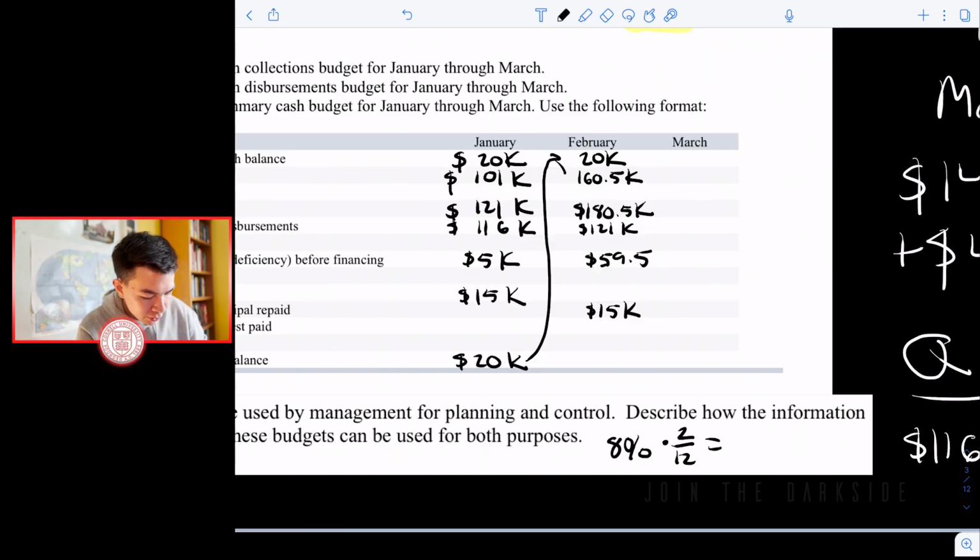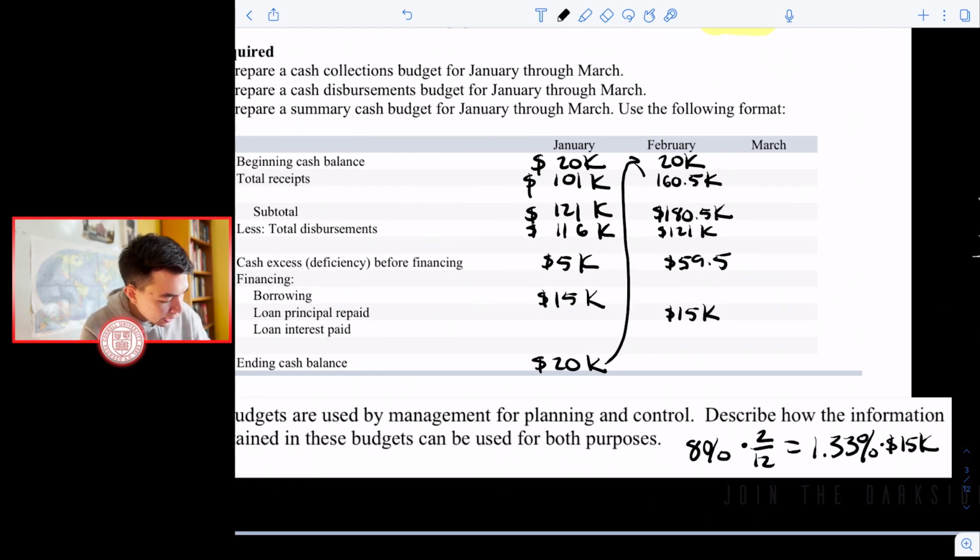When I multiply that out, I get an interest rate of 1.33%. And I'm going to multiply that by 15,000. And by doing that, I get an interest of 200. So I'm going to do $59,500 minus 15,000 minus 200.